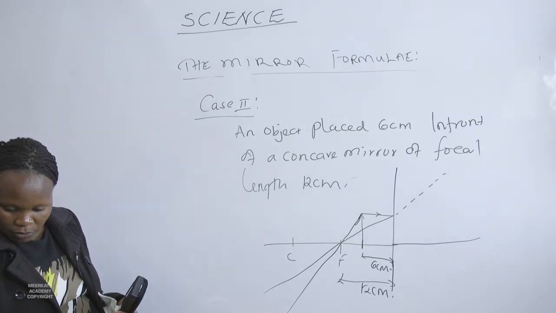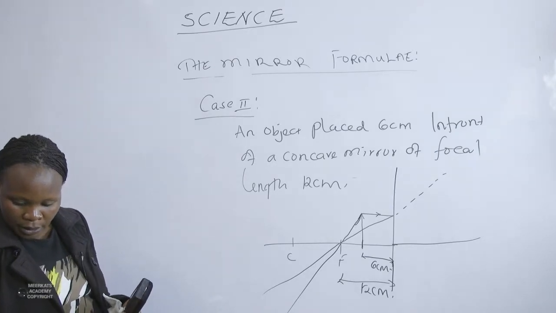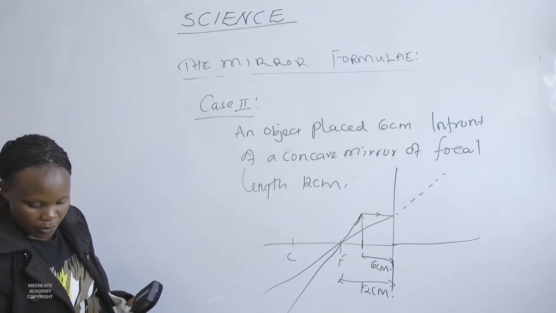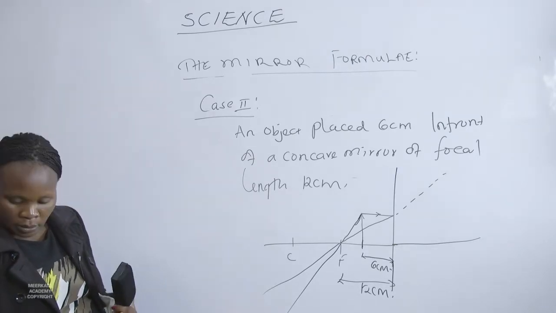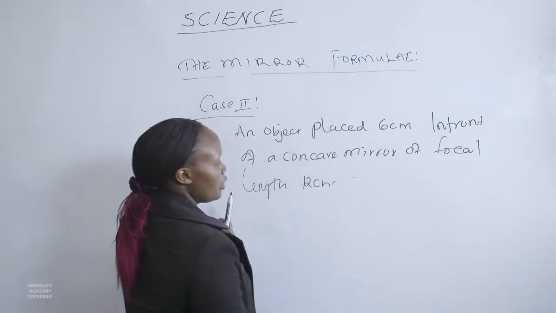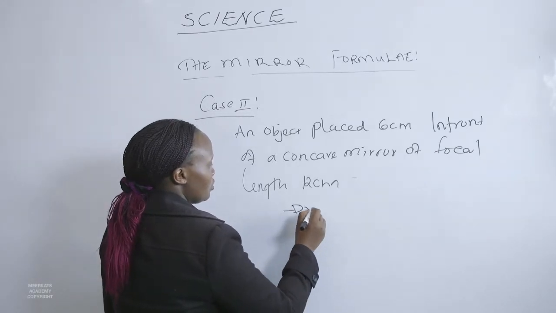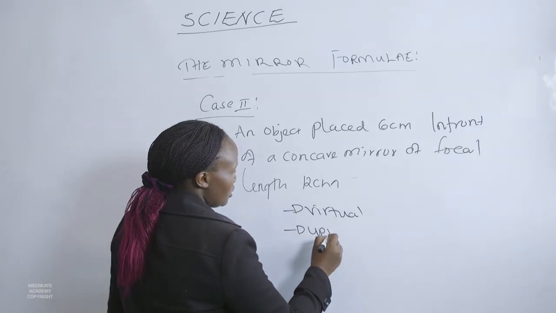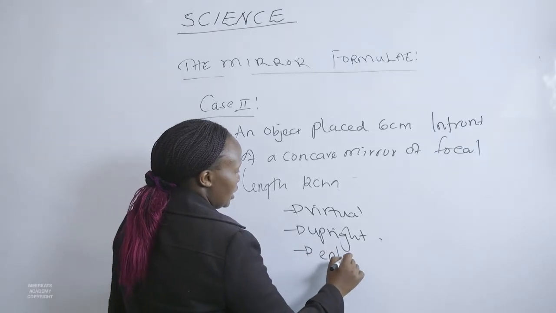If we had our object between F and the pole, the image is supposed to be virtual, upright, and enlarged.